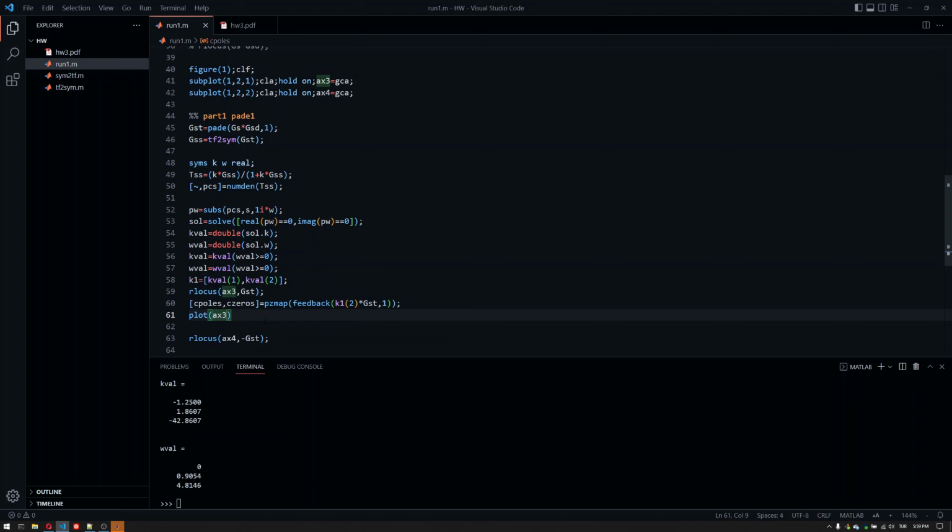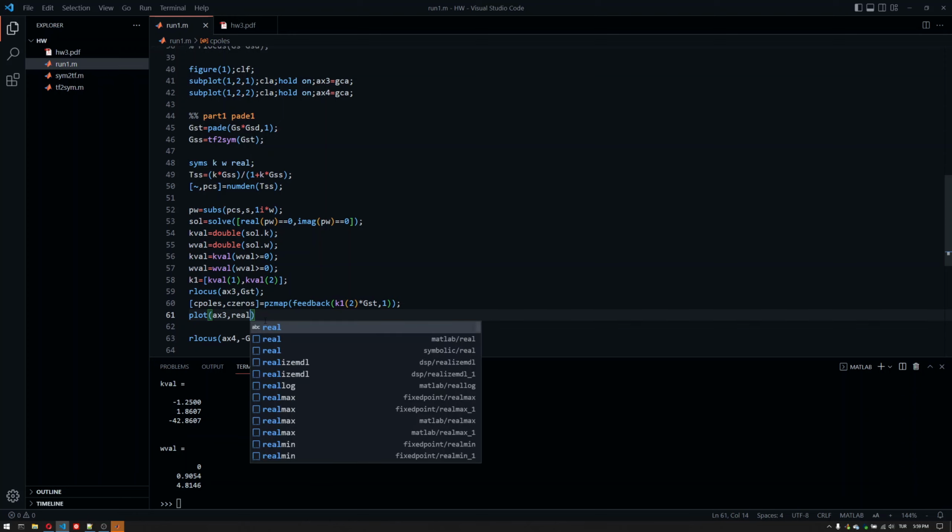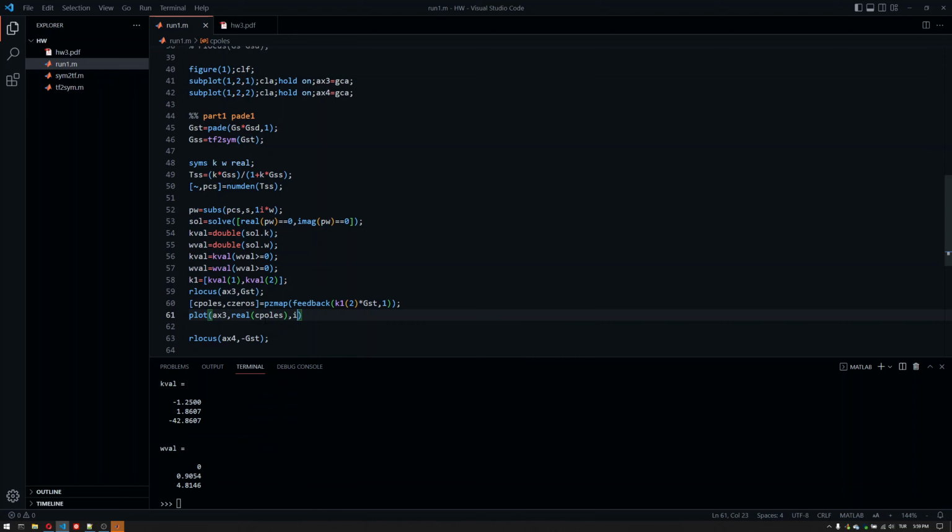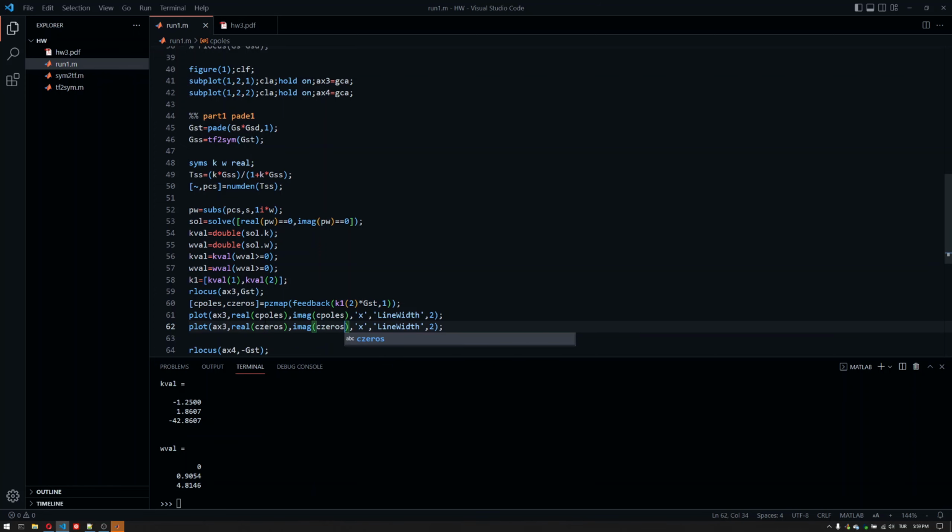So x3, the real part of poles, the imaginary part of poles, using x here, and line width 2. Repeat this for the zeros. Maybe I should also assign a color. So let's say this one is red.